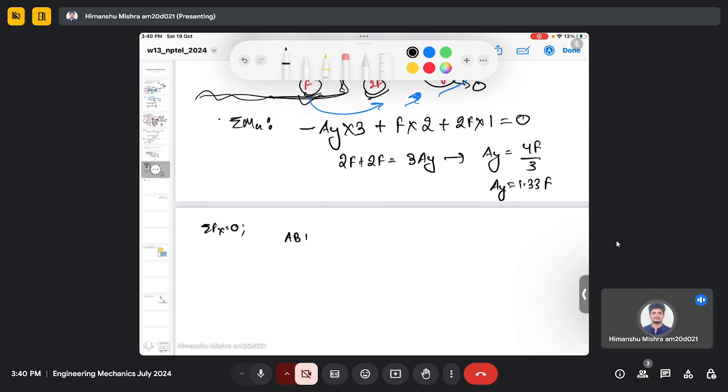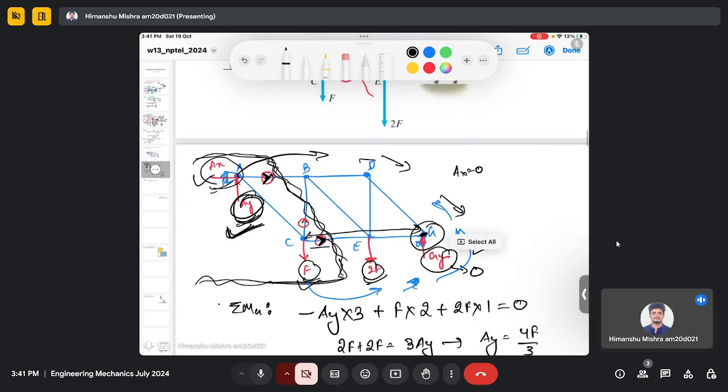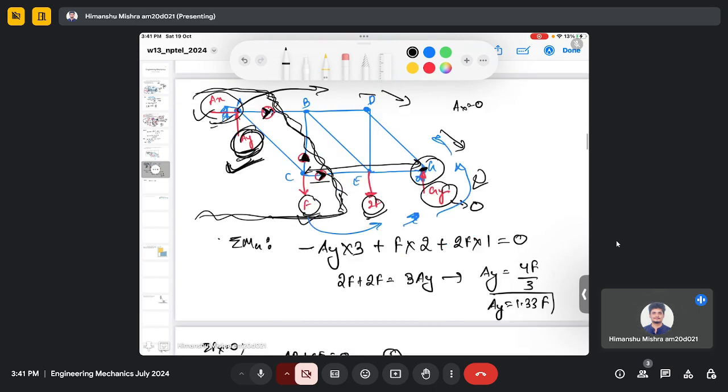AB plus CE equals 0. So this is my equation 1. If I do the force balance analysis in the y direction, then my BC is in the vertical direction, and then I have Ay, which we found 1.333 F, and we have this force as well, force F. So these three forces are there in the vertical direction.